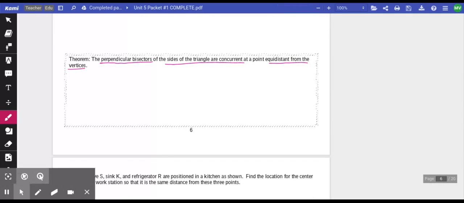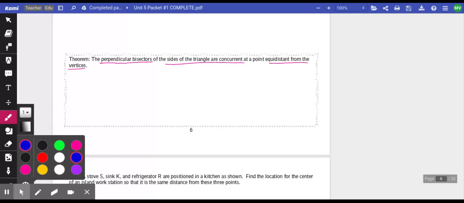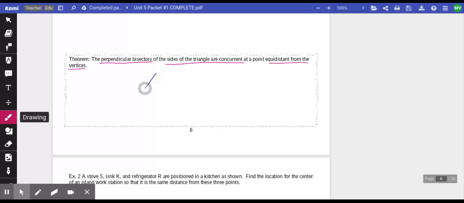So anyway, I was forgetting something. This point of concurrency, because it's equidistant from all the vertices, would be the center of my circumscribed circle. So where all the perpendicular bisectors of the sides meet is a point which is called the circumcenter.